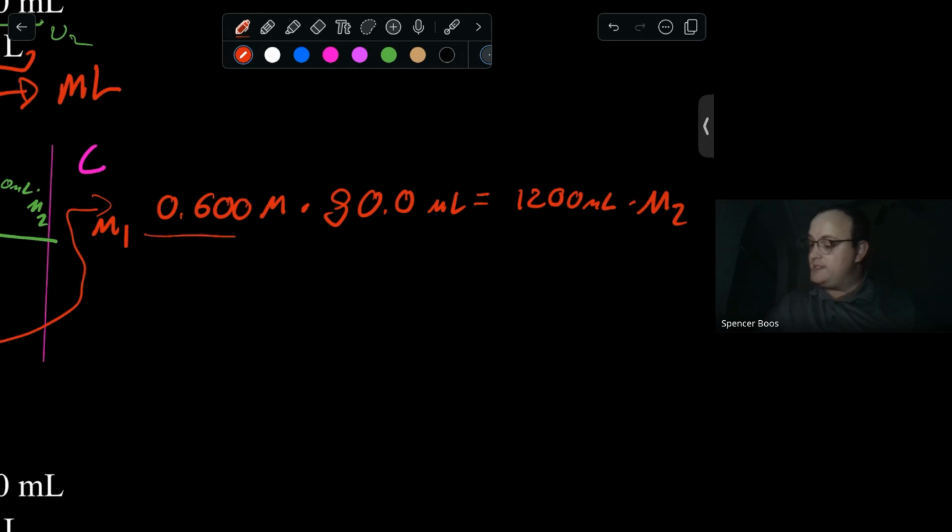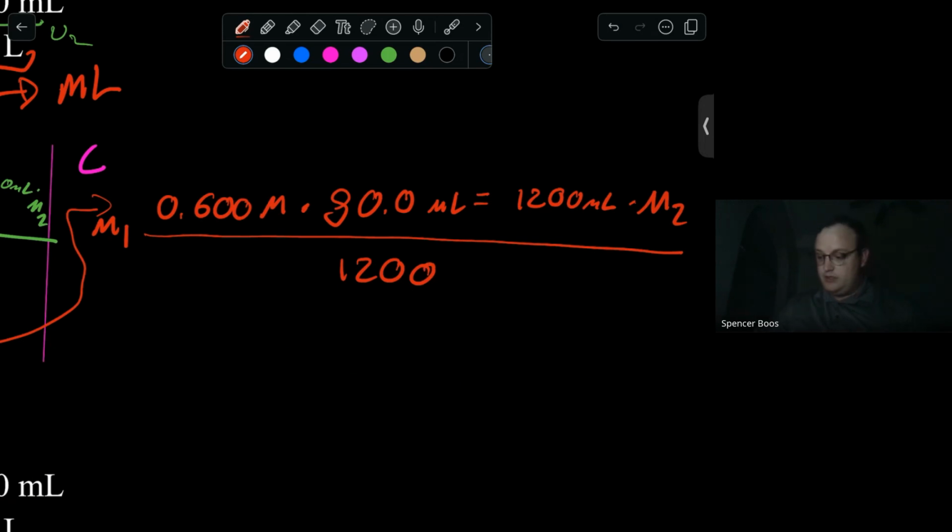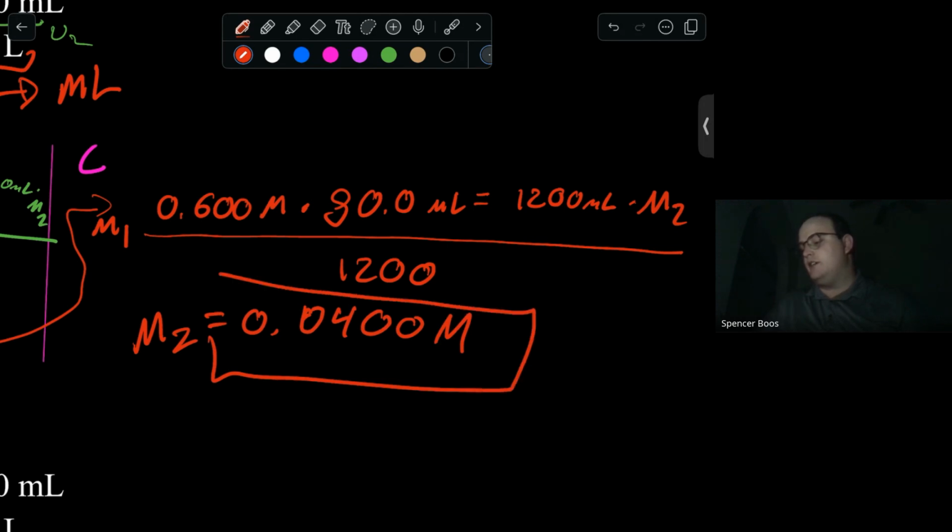We divide both sides by 1200. So we get 80 divided by 1200, and we get M2 is equal to 0.0400 molar, which is our final answer.